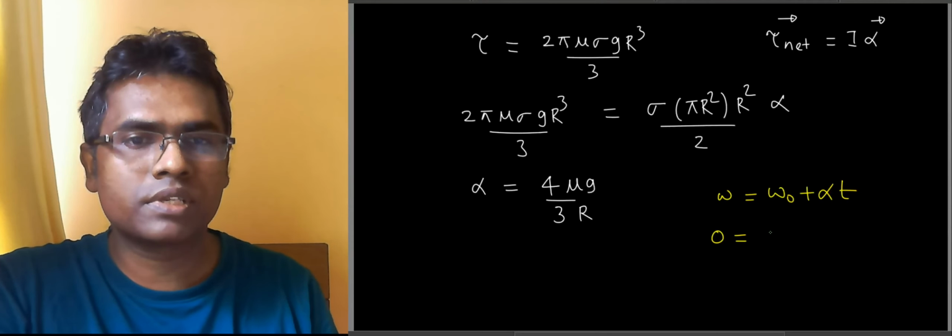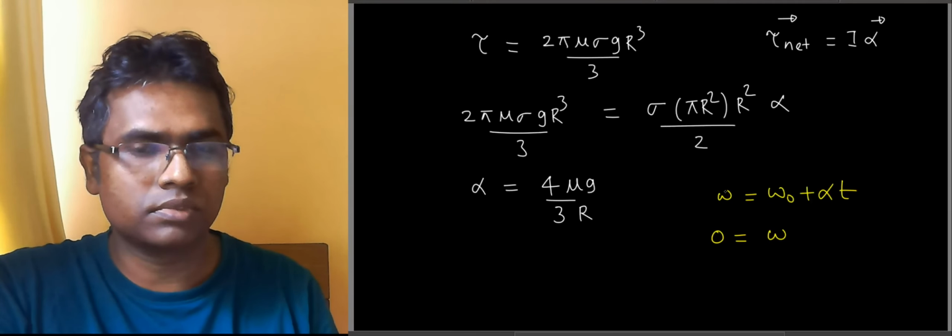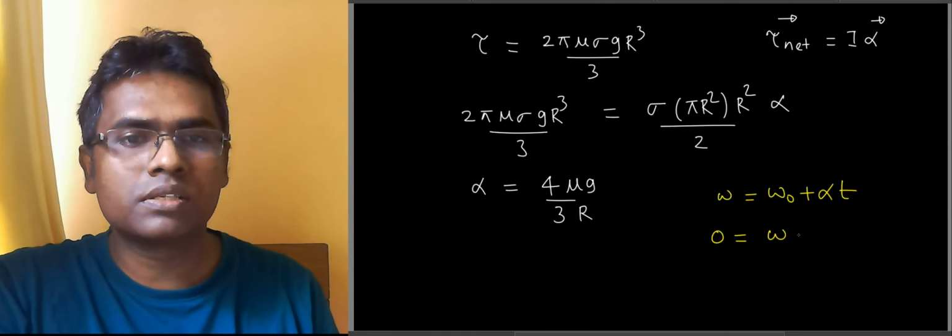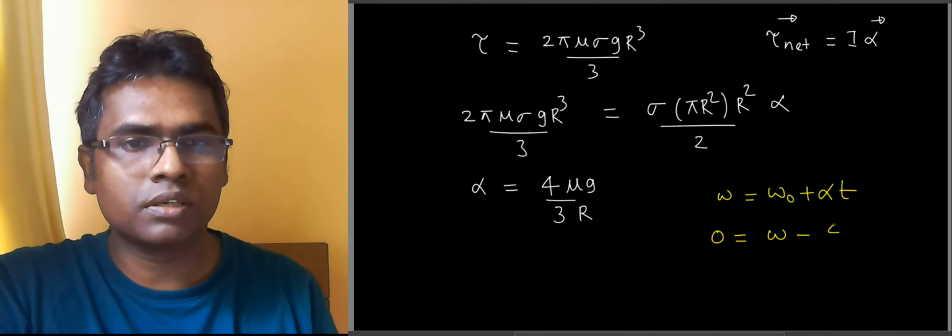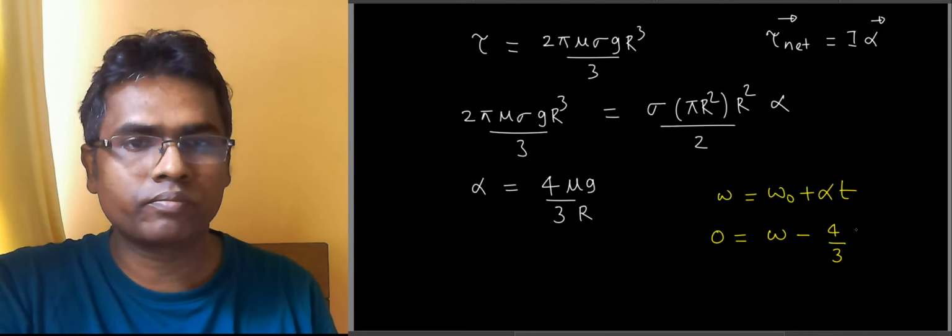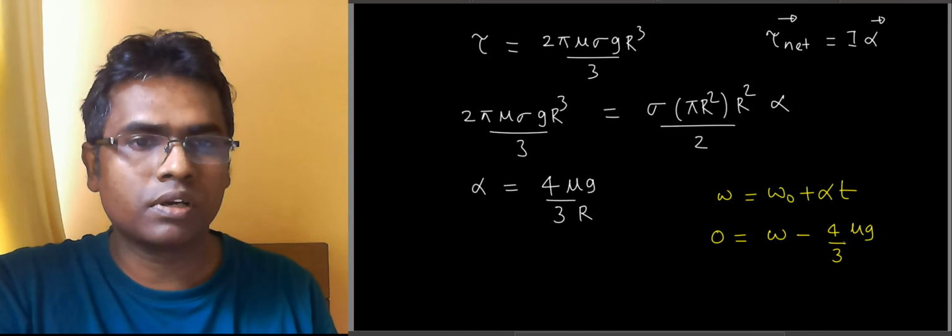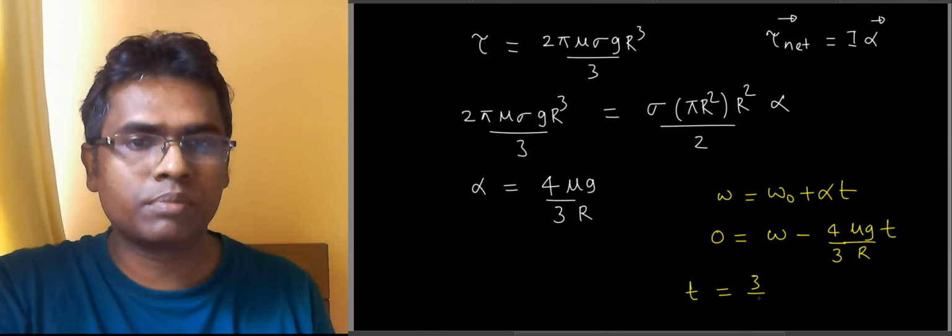The initial angular velocity is given as omega. So this is minus 4 by 3 mu g by R into t. So from here, the time would be 3 by 4 R omega by mu g.